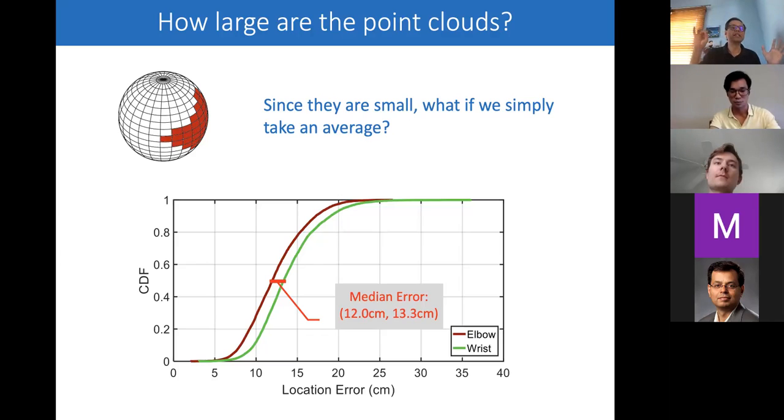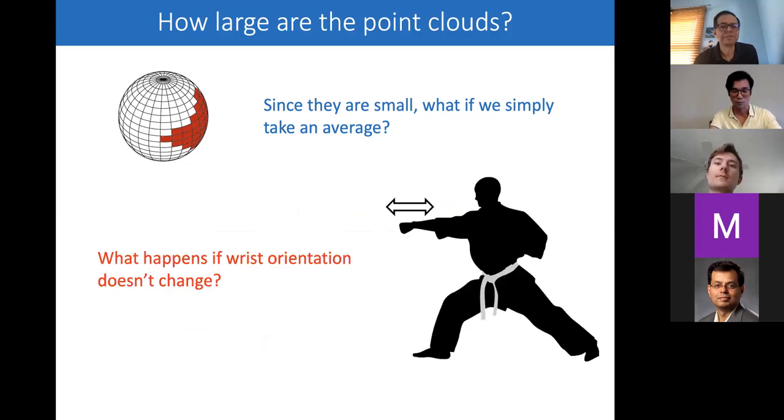Take the center. Just the motion model is not good enough. You need to use your IMU to compute the wrist orientation. And from that wrist orientation, compute the red point cloud. And from that point cloud, just take the center of mass, or center of gravity, of that point cloud. And that gives you 12 centimeters of error.